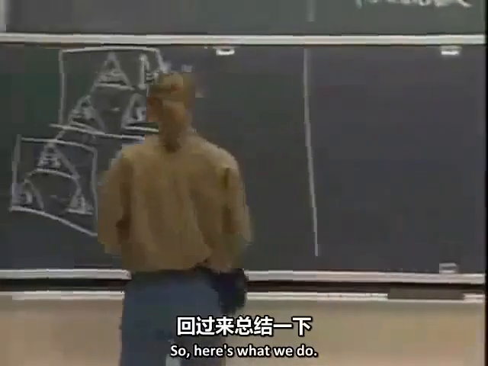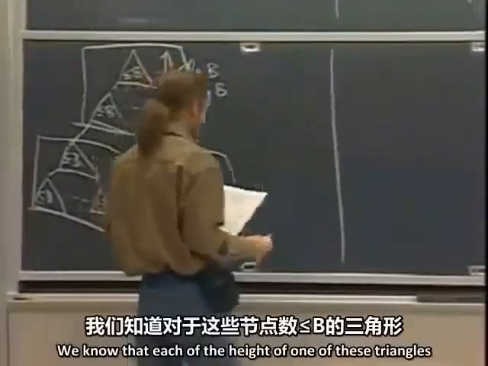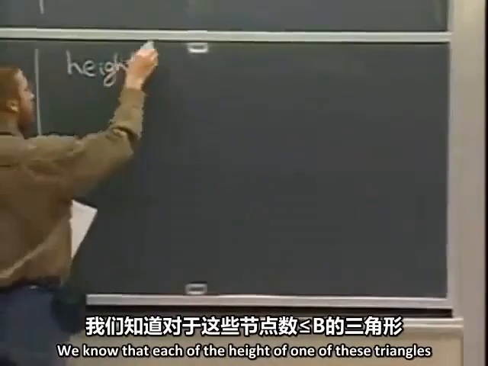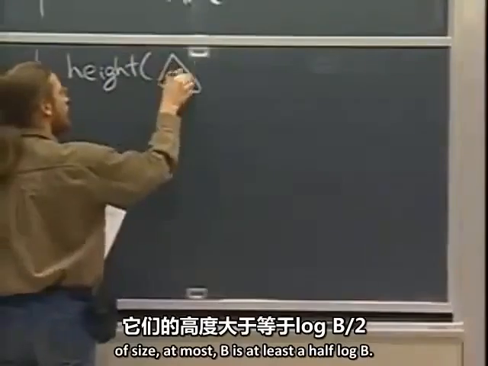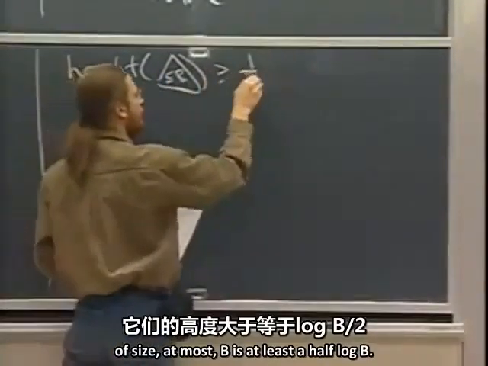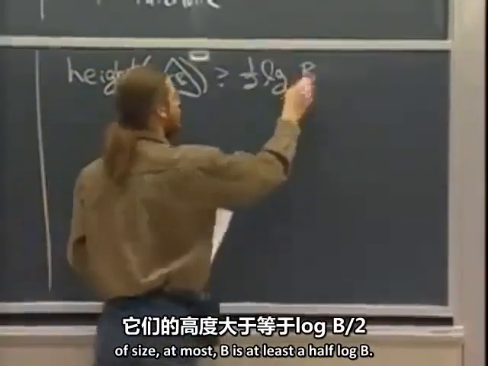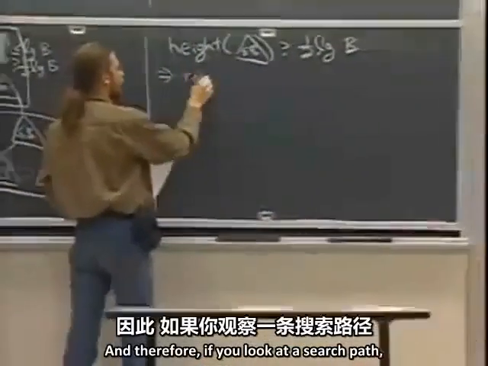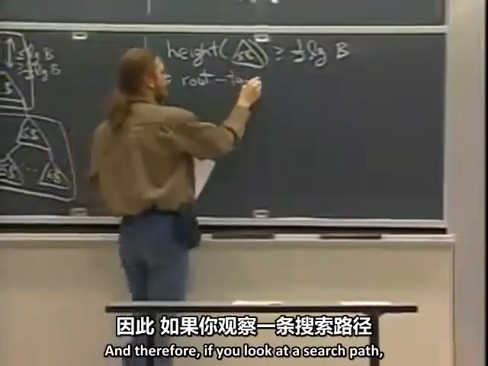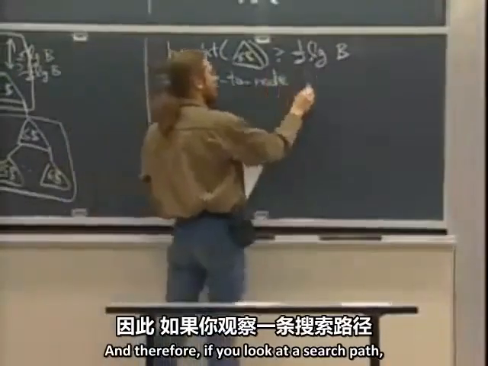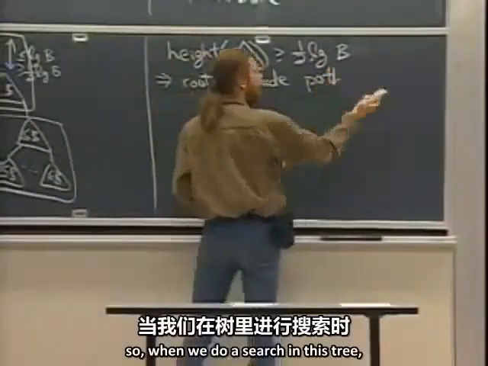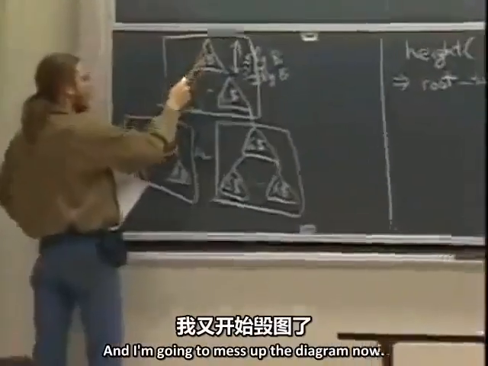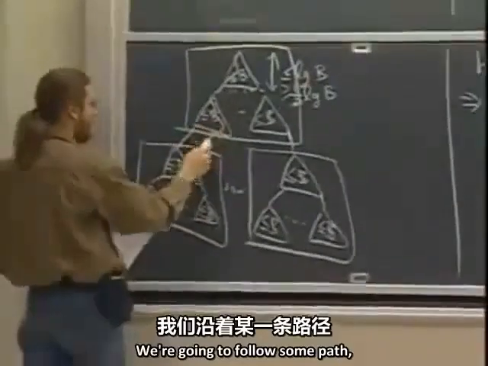So here's what we do. We know that the height of one of these triangles of size at most b is at least a half log b. And therefore, if you look at a search path, when we do a search in this tree, we're going to start up here, and I'm going to mess up the diagram now. We follow some path.